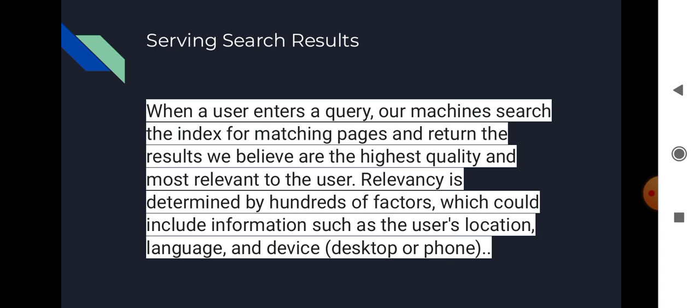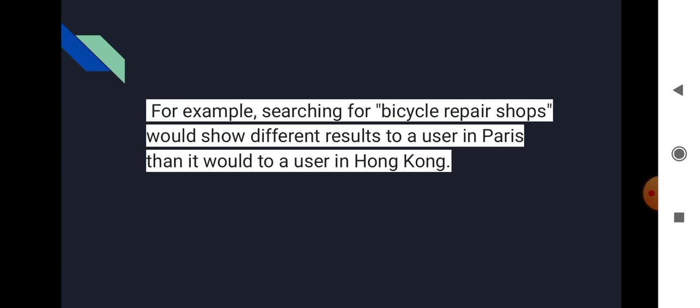For example, searching for repair shops would show different results to a user in Paris than it would to a user in Hong Kong. Search console might tell you that a page is indexed, but you don't see it in search results. This might be because the content of the page is irrelevant to users, the quality of the content is low, or robots meta directives prevent serving.